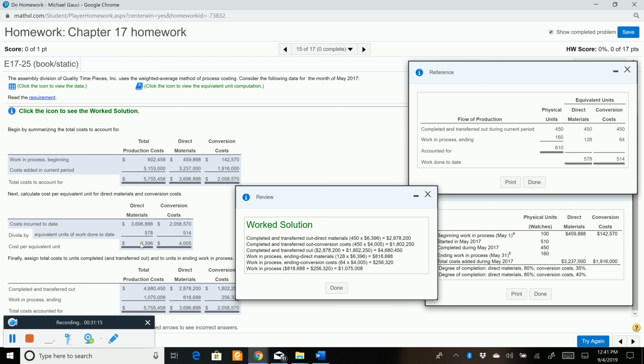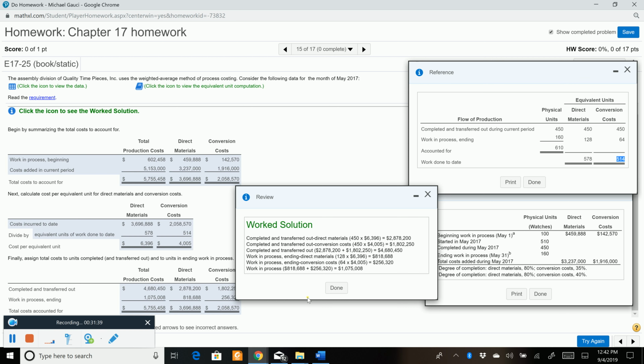That gives us our cost per equivalent unit of $6,396. For conversion costs, we need to account for $2,058,570. We will divide it by our equivalent units for conversion costs of 514. That gives us our cost per equivalent unit of $4,005.